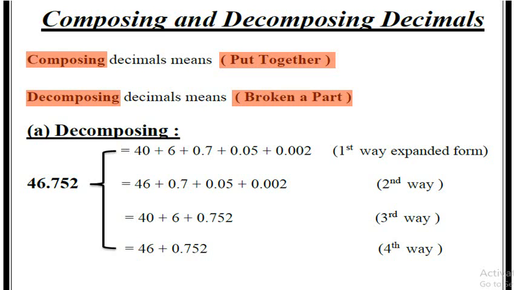When we decompose the whole part, I have 46, which means 40 plus 6. So here I have 40 plus 6. Then the decimal part is plus 0.752. And now the fourth way is I'm going to take the whole part and the decimal part as they are. The whole part is 46, so write 46, and the decimal part 0.752. I will write 0.752.